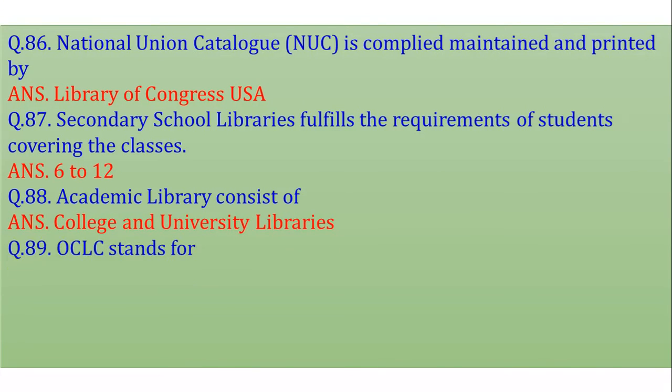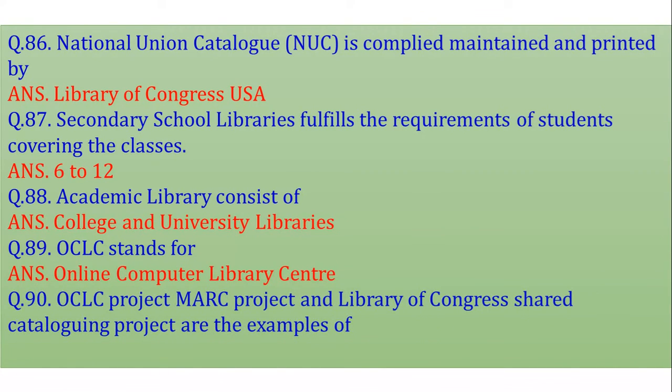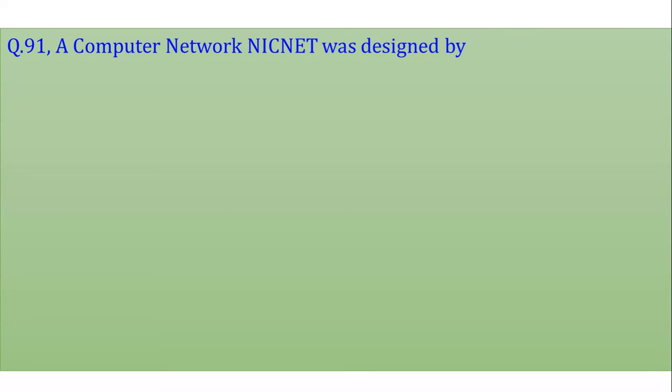OCLC stands for Online Computer Library Center. OCLC Project, MARC Project, and Library of Congress Shared Cataloging Project are examples of cooperative processing of materials. A computer network NICNET was designed by National Informatics Center.